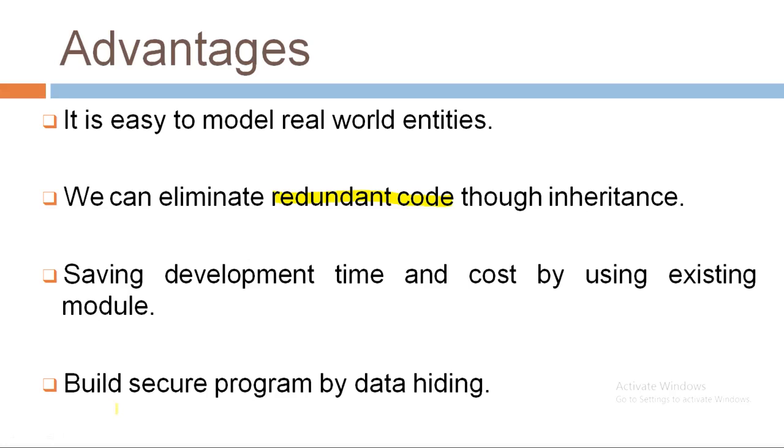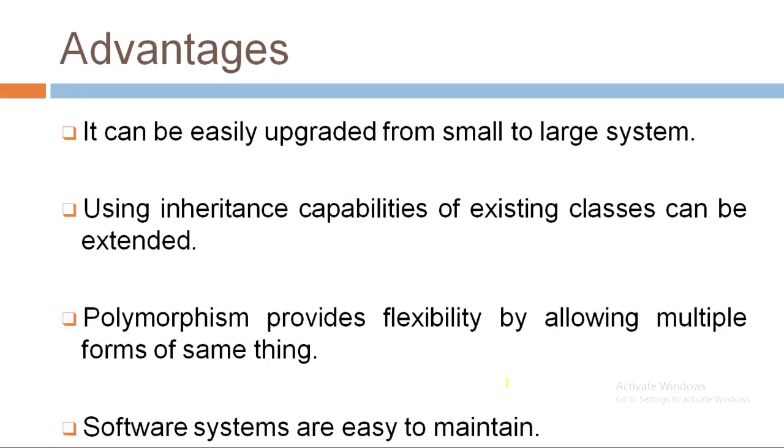We can also build secure programs by using data hiding provided by data encapsulation and data abstraction concepts. The next advantage is that it can be easily upgraded from small to large systems. The existing system may be extended with extra features easily in object-oriented programming. Using inheritance, the capabilities of existing classes can be extended; we can extend the same existing class with new features.